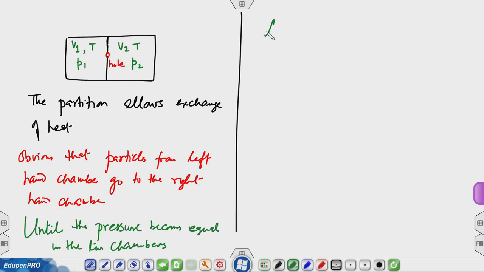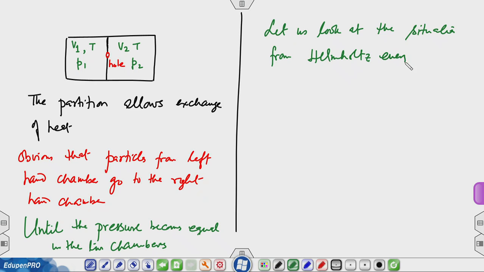Now, let us look at it from the Helmholtz energy point of view.